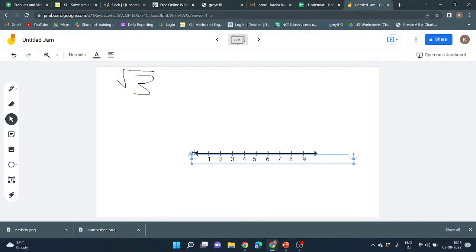We can consider the arrow point as 0. Now we are going to locate root 3 on the number line.